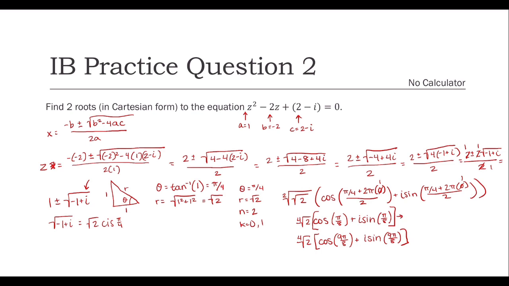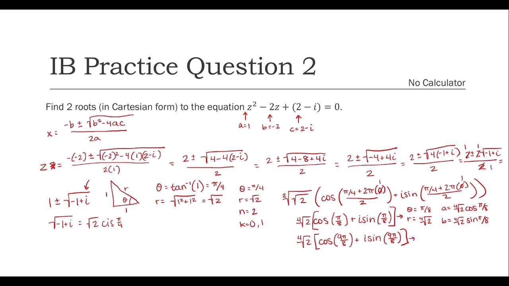So for each of these, we have our theta values and our radius values for converting it back to Cartesian. So theta for this first one is pi over 8, and the radius is the fourth root of 2. So our real component, our a value, is going to be the fourth root of 2 times the cosine of pi over 8. And our imaginary part, our b, is the fourth root of 2 times the sine of pi over 8.